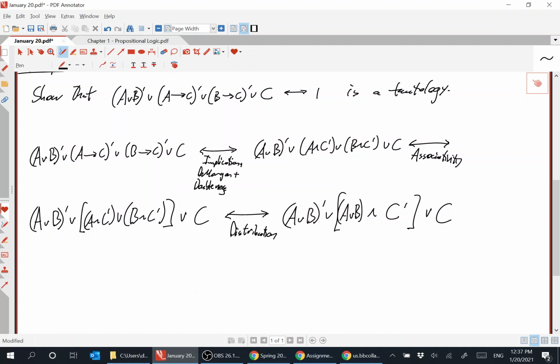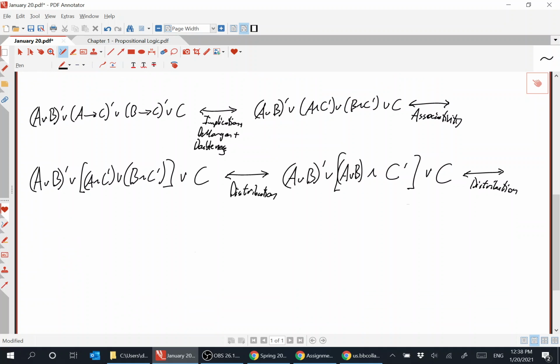Now, distribution again. I'm going to distribute this disjunction over this conjunction. And that's going to give me what? So I still have this term here, A or B, not, or, now what?